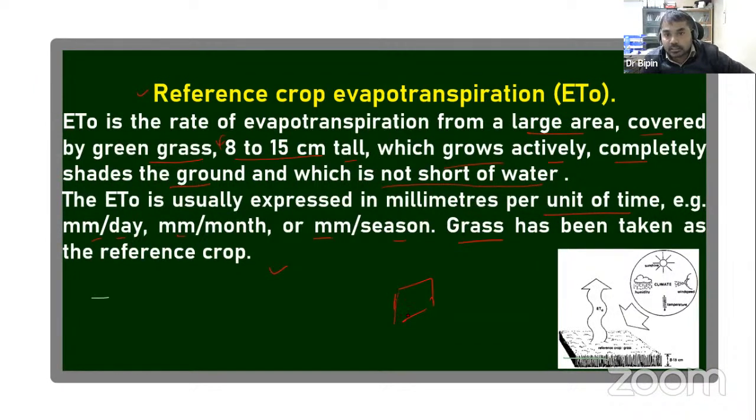You need to grow grass over this, and the field should always be at field capacity during the actively growing period when the crop is attaining 8 to 15 centimeter, and the whole field should be covered by the vegetation, by these grasses. So the amount of water lost from this field, we will call the reference evapotranspiration or potential evapotranspiration, and we can express it as mm per day, mm per month, or mm per season.